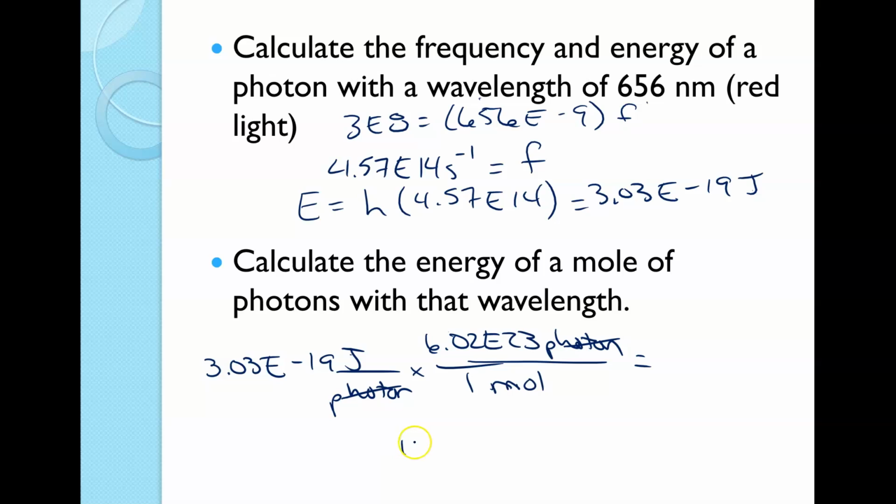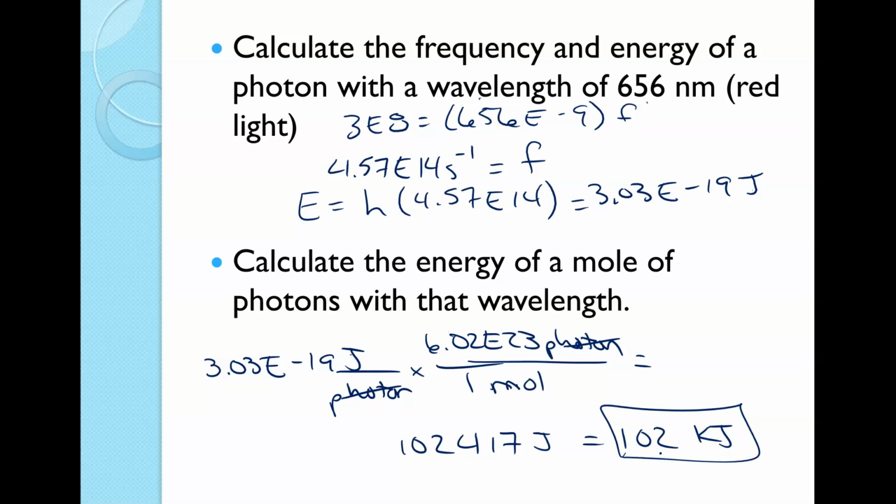So when I do that, it's 102,417 joules, or 102 kilojoules. Now we're talking some serious energy. Okay? Compared to this, it's significant because it's for a whole mole of photons.